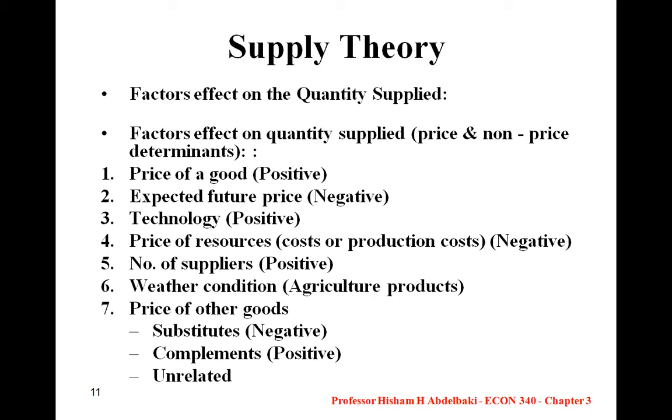Here we differentiate between substitutes and complements. In demand theory, substitutes means the consumer can consume one of them. Here it is nearly the same, but substitutes in production, in supply, means the producer can produce one of them by using the same production line, the same inputs.